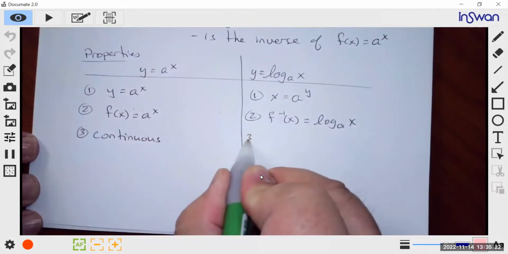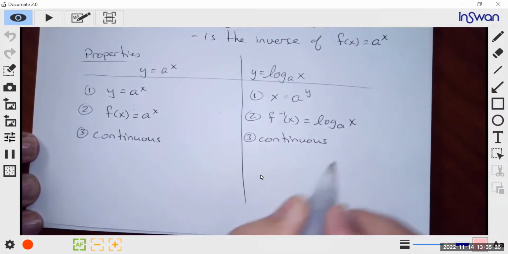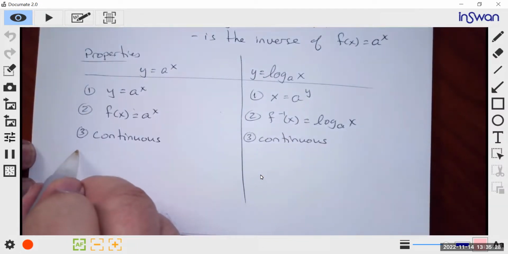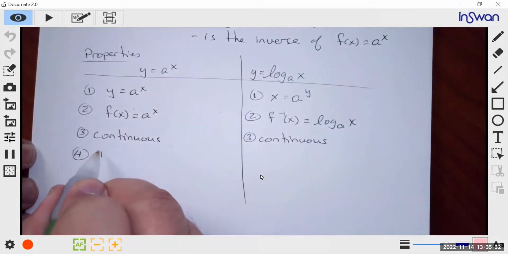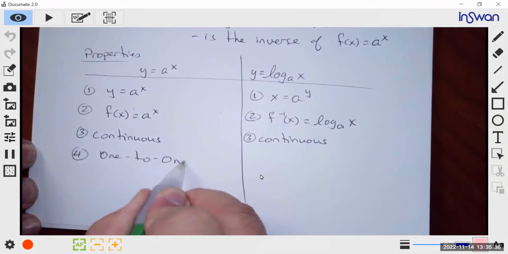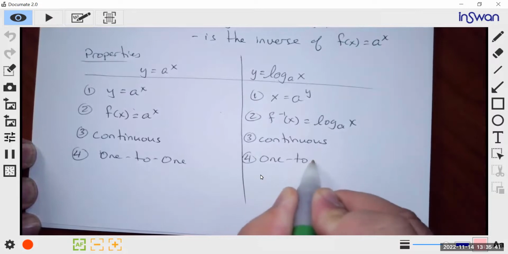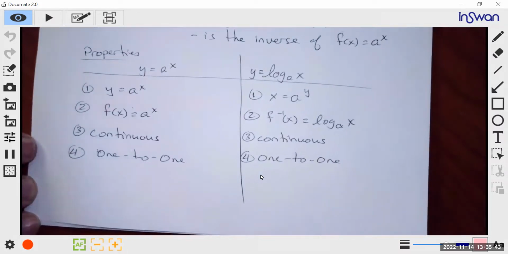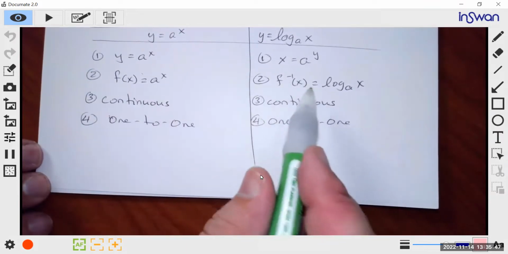They have to be continuous. They have to be one-to-one. Remember, in order for the inverse to exist, it has to be one-to-one.